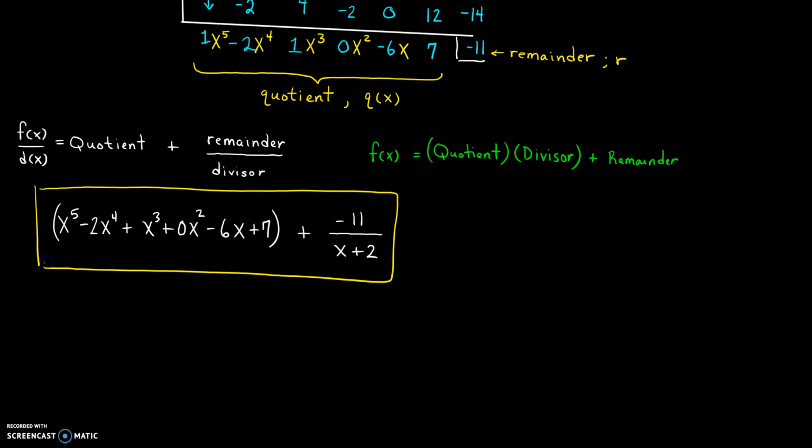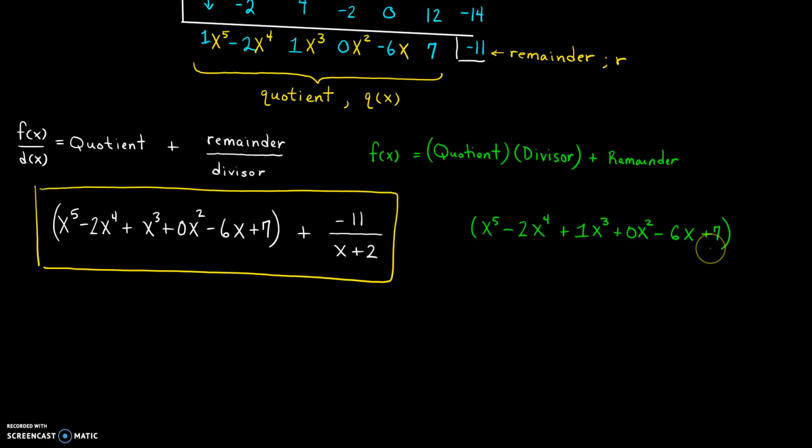Some questions on your homework will ask you to write it in this format, and other questions will ask you to write it in this other format, so we're going to practice writing it like this as well. Another way to represent this: the quotient was x to the fifth minus 2x to the fourth plus 1x cubed plus 0x squared minus 6x plus 7.